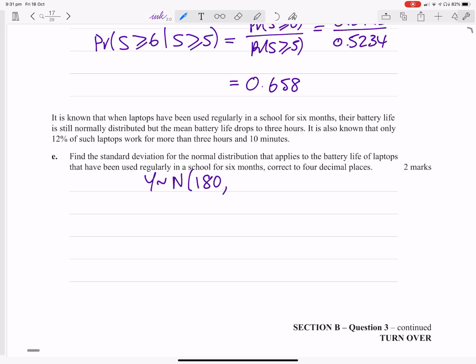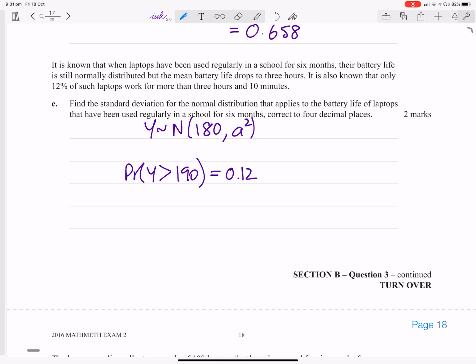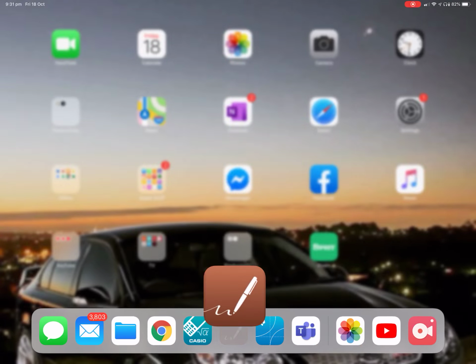We'll call that A squared. The probability that Y is greater than 190 is 12%. So the probability that Z is greater than B, we'll say is 12%.